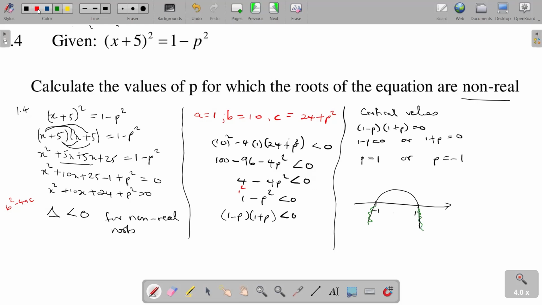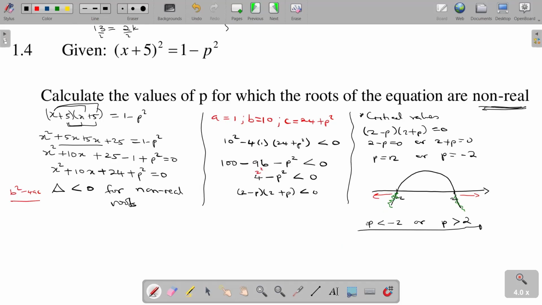In other words, we are talking on the left of -1 and on the right of +1. So the solution means our p is less than -1, or our p is greater than +1. Then let's move to the next question.